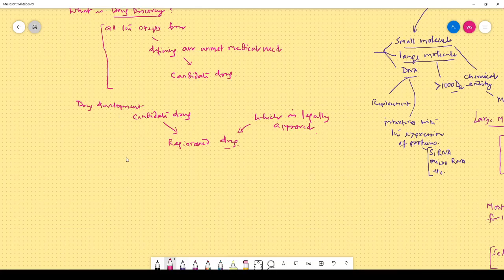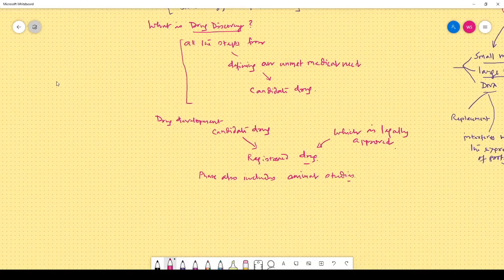So the drug development phase also includes animal studies. Okay, so we say in reaching a drug from the bench, so the story of a drug from bench to bedside, it passes through two phases.